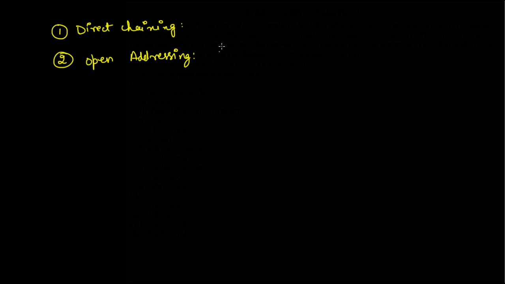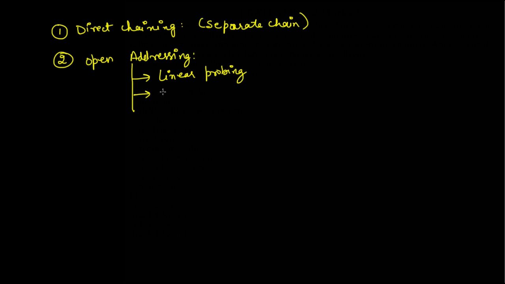Direct chaining is also called separate chaining. In open addressing, we have three different techniques. Number one is linear probing, second is quadratic probing, and third is double hashing.